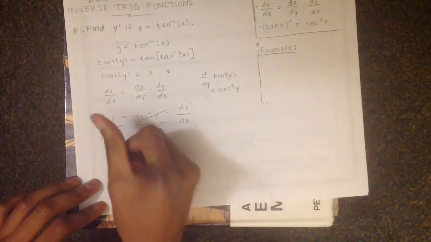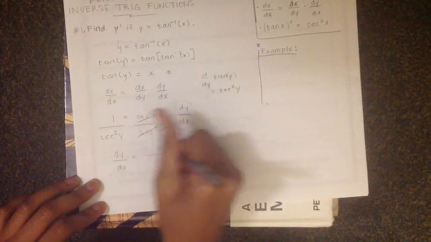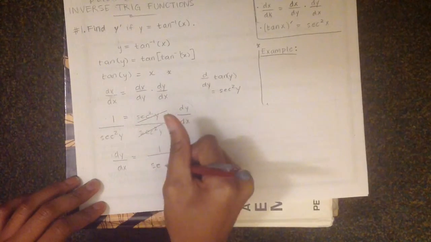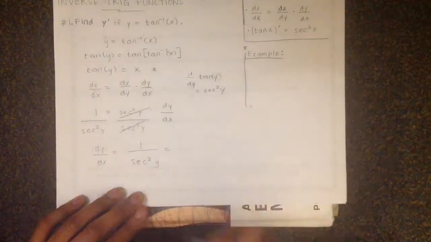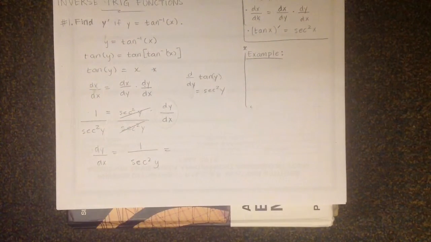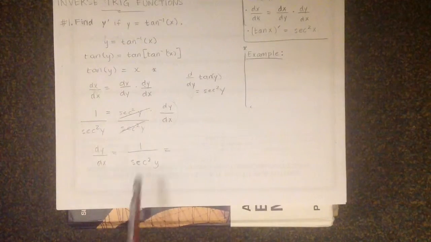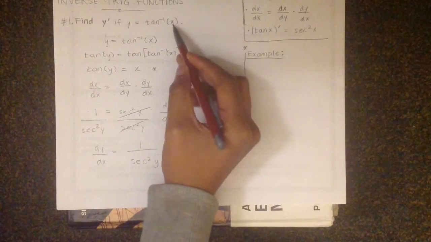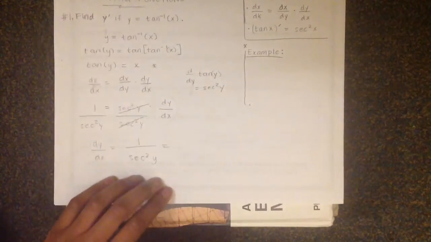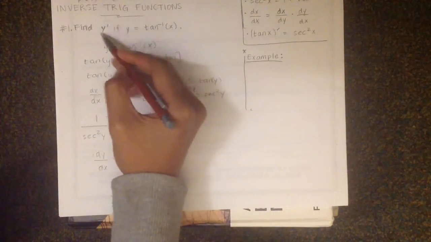So we're left with the fact that dy by dx is equal to 1 over secant squared y. Now we have what we're looking for. But the thing is that our answer is written in terms of y. We want our answer written in terms of x, because we're differentiating with respect to x.